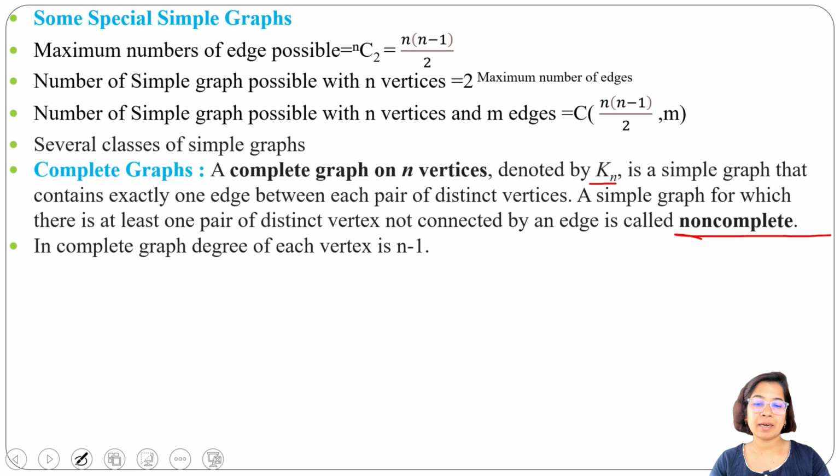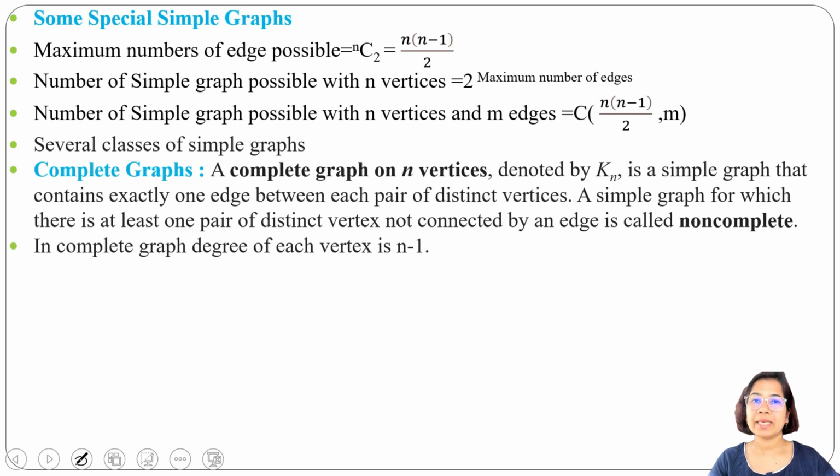In a complete graph, the degree of each vertex equals n minus 1, as every vertex is adjacent to every other vertex. Suppose there are two vertices, then the degree of each vertex will be 1. Suppose there are 3 vertices, then the degree of each vertex will be 2.